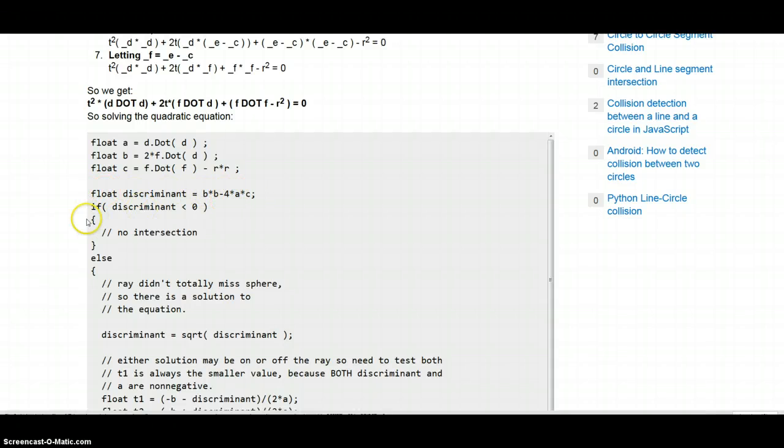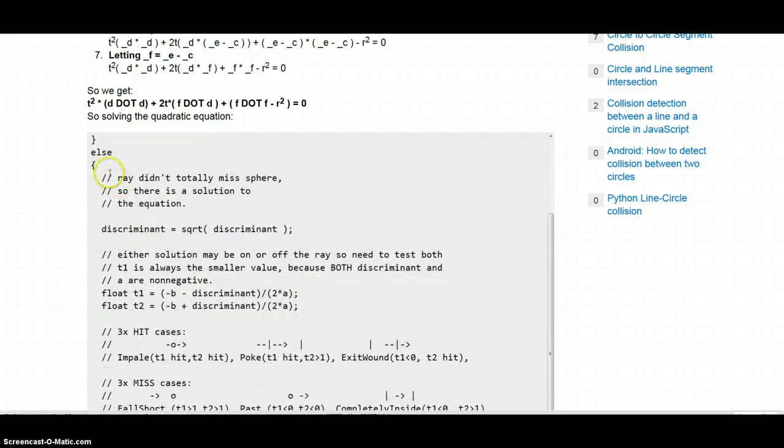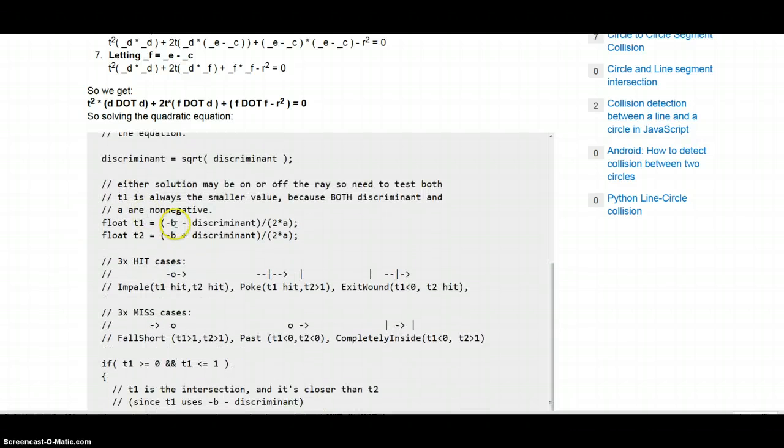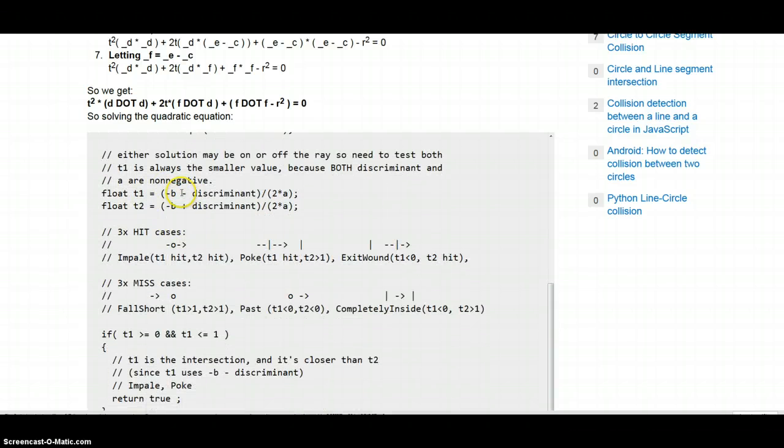And there is the if check. If the discriminant is less than 0, then there is no intersection and the algorithm stops there. But if it is greater than 0, then it will continue, and we take the square root of the discriminant and then make the calculation for both the minus and plus operations.